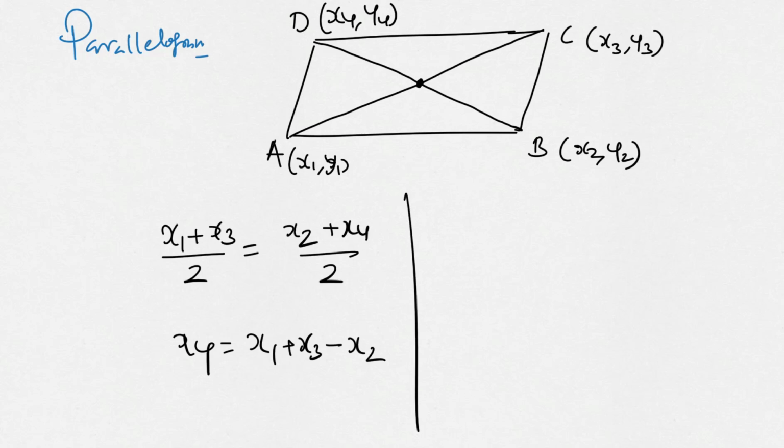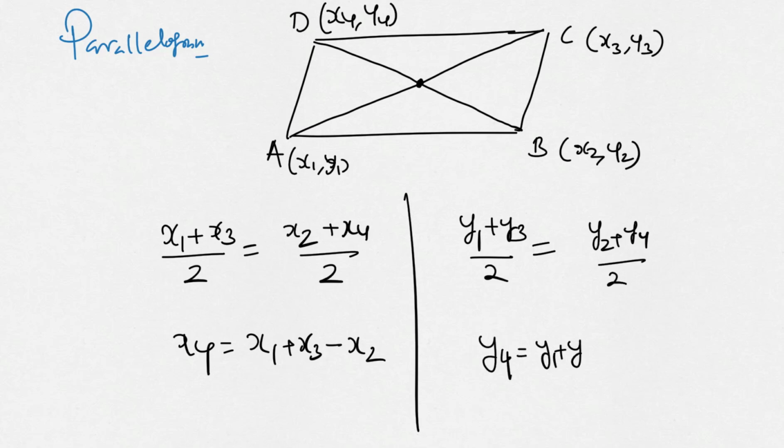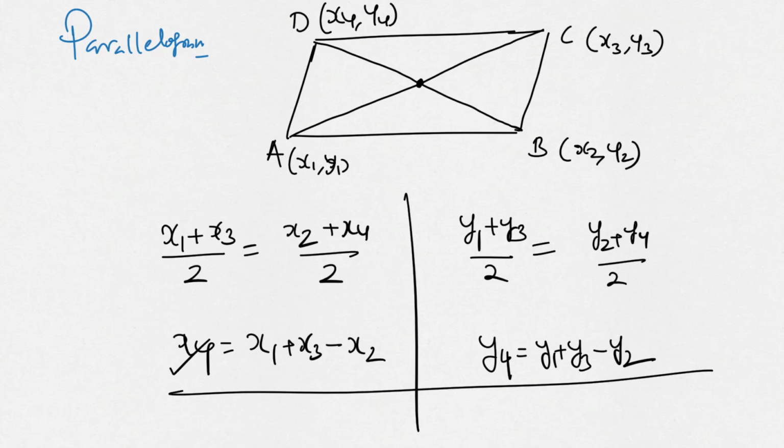Similarly for y, (y1 plus y3) over 2 equals (y2 plus y4) over 2. Simply y4 is y1 plus y3 minus y2. So this is the answer: the x coordinate and y coordinate of the fourth vertex.